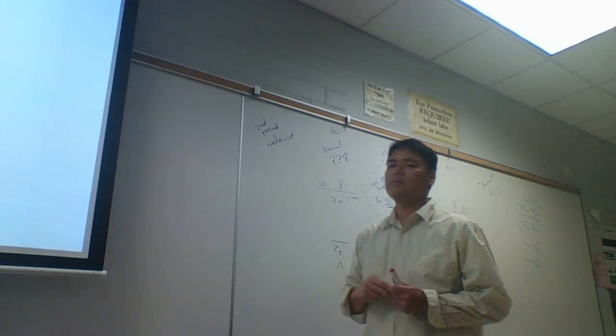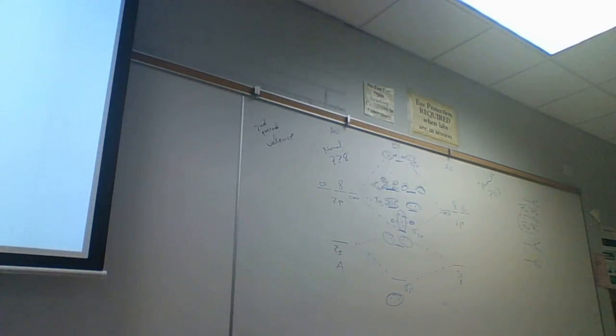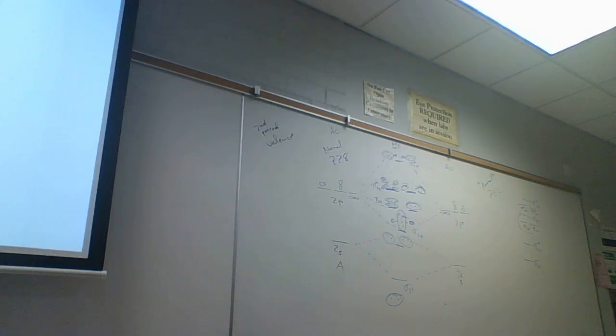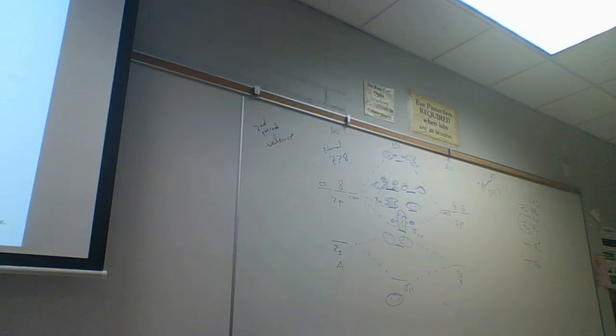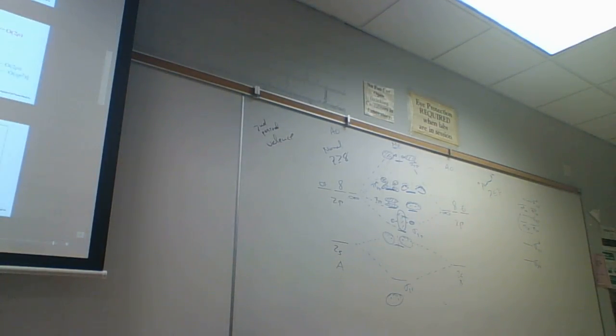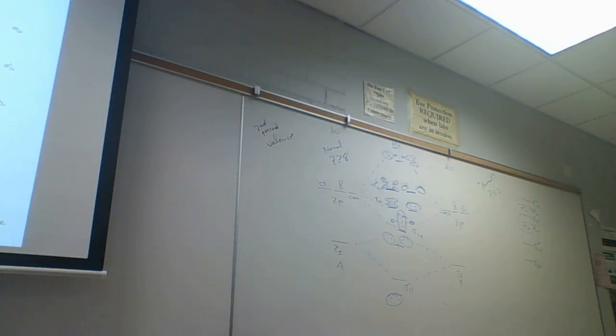Z is the atomic number of the atoms, A and B. So why is that?